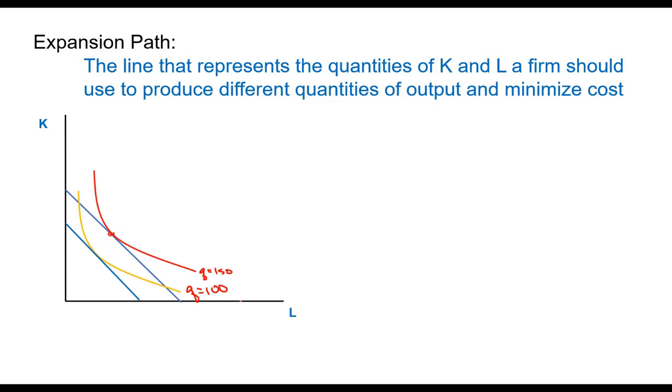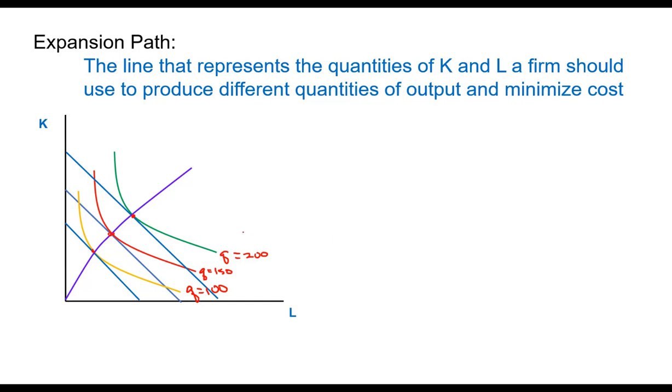But suppose instead that the firm had the output goal of 200. So if the firm has the output goal of 200, we want to be able to find the quantities of capital and labor that would minimize cost. We'll find the minimum cost then to produce that unit of output. So the firm would want to be producing right here. If we connect those dots, we actually derive the expansion path for the firm.